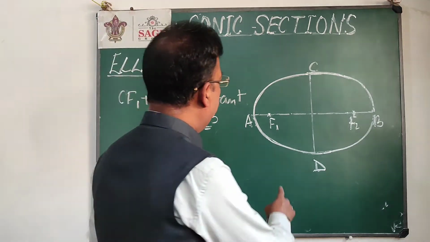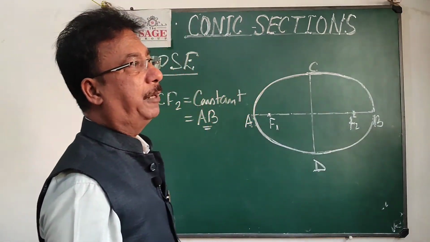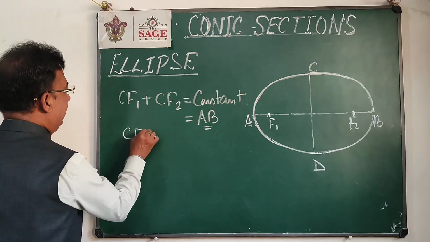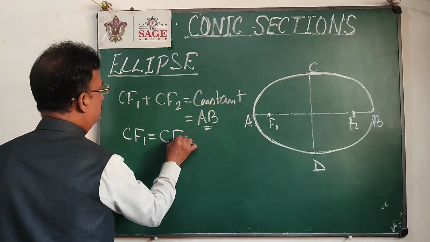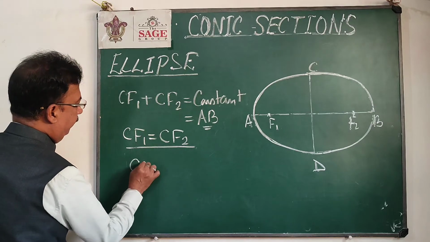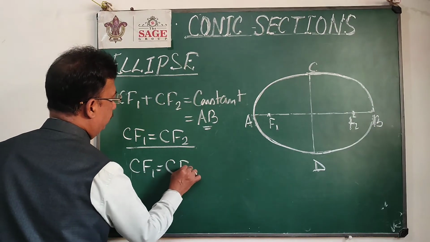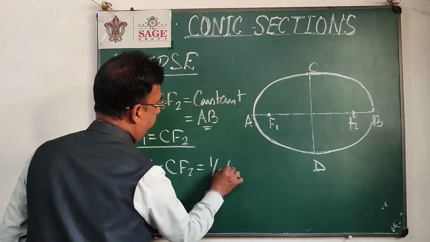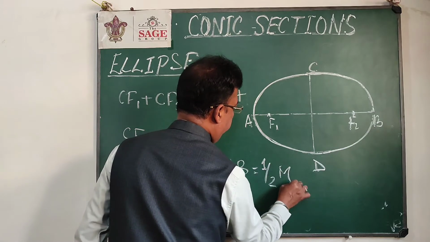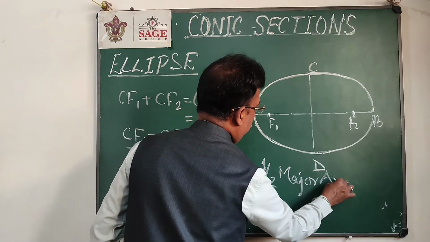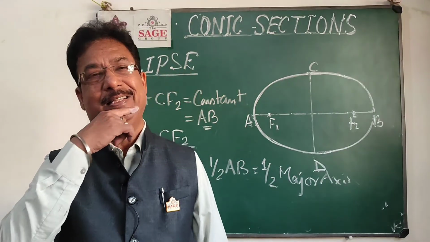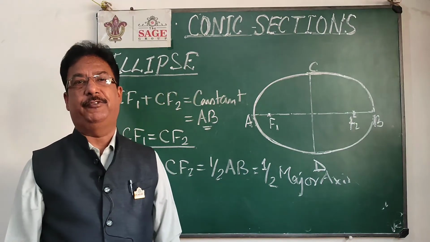As we already know, the major axis and minor axis are perpendicular bisectors of each other. So CF1 equals CF2, which equals half AB, that is, half of the major axis. So the end point of the minor axis is at a distance of half of AB from the foci F1 and F2.